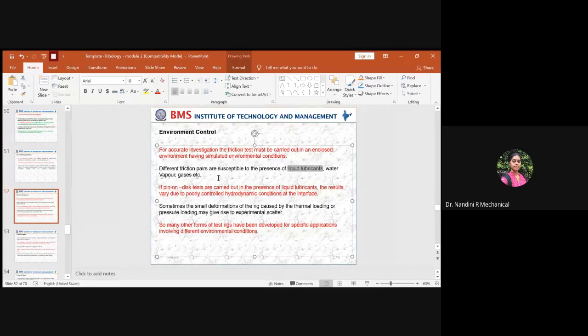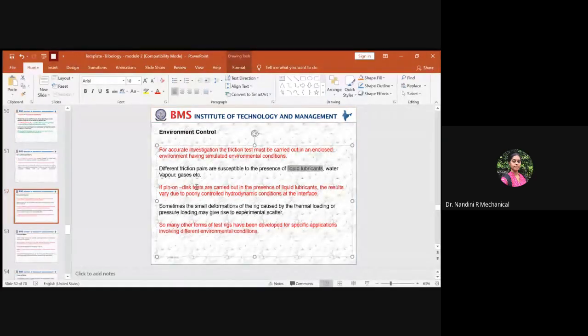With respect to material, you use different lubricants, and if water vapors are being evaluated, the effect of water vapor across the mechanical component and the compressed gases coming across the mechanical component will all affect your values. So all these constraints have to be considered with respect to the environmental control aspects.